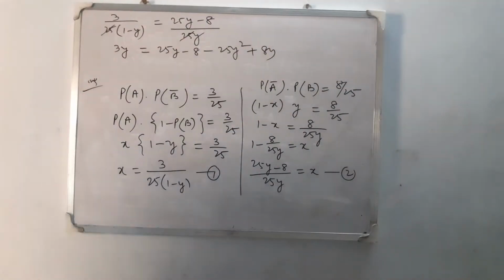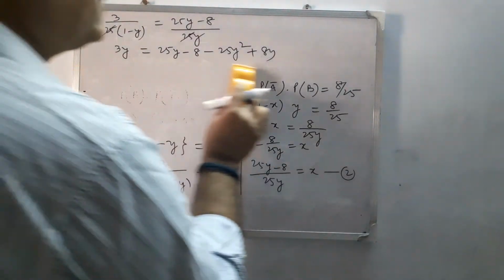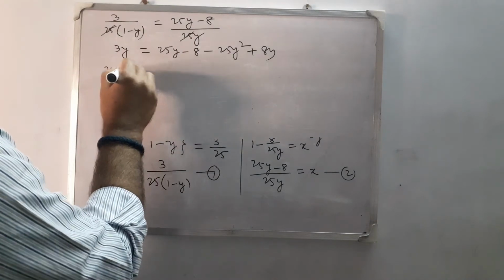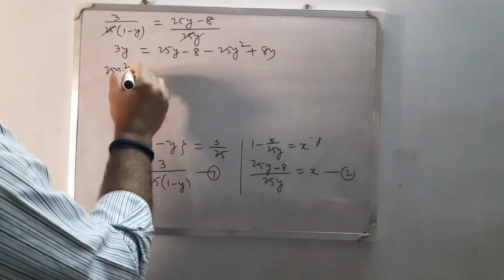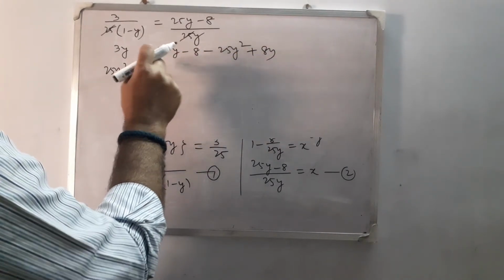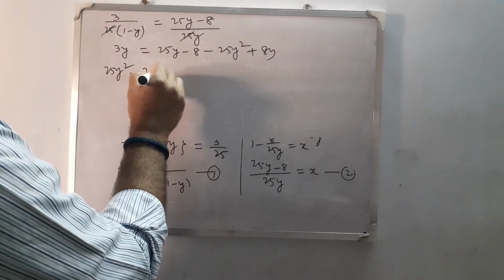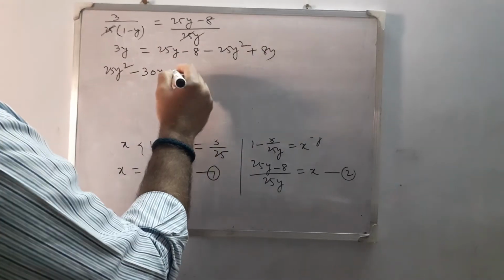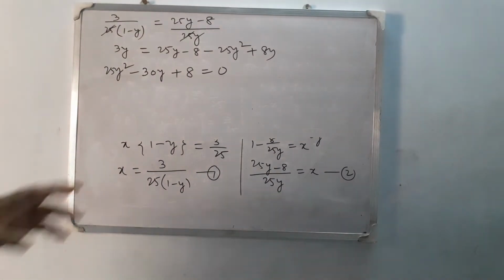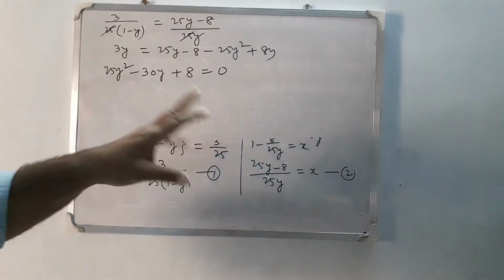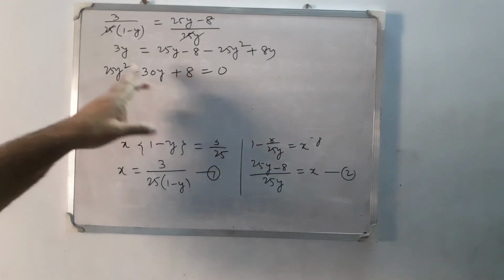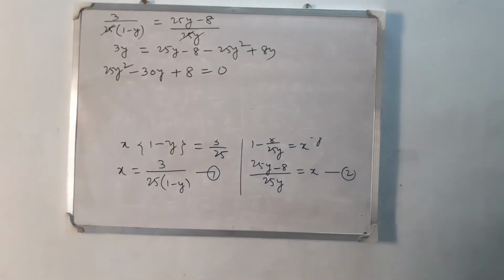Now take all the terms to one side. We have 25Y² − 30Y + 8 = 0, plus 8, yes.